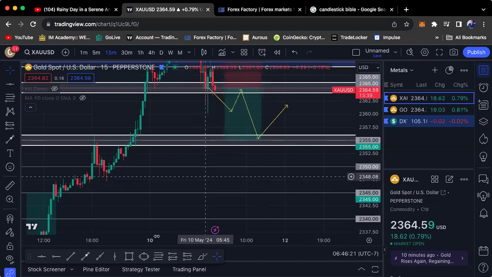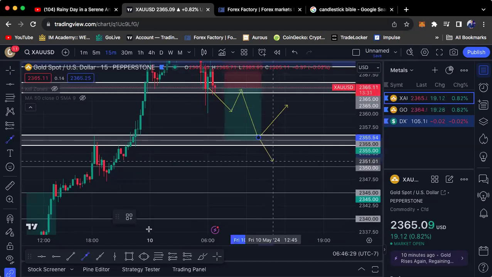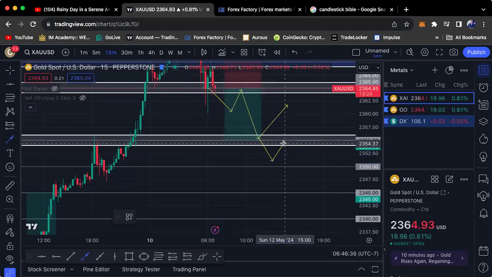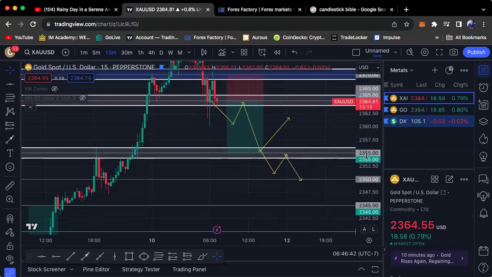but if it fails to create that bullish candle and instead it breaks below, closes below, and then retests and creates that bearish candle, then it's going to continue down. Okay.